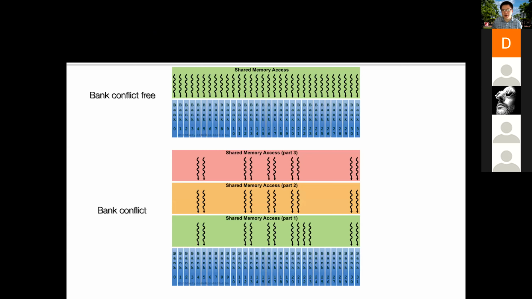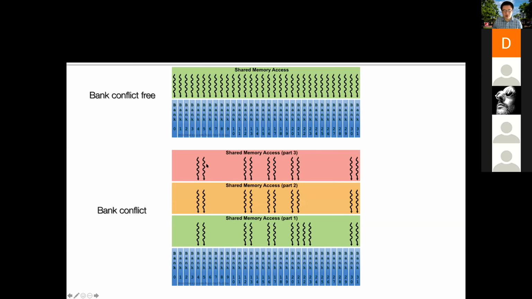Here is a very quick demonstration figure to help you understand what a bank conflict is and what bank conflict free means. In the shared memory, for example, we have 32 threads in a warp. If they access different banks in the shared memory, that's fine. That's bank conflict free.